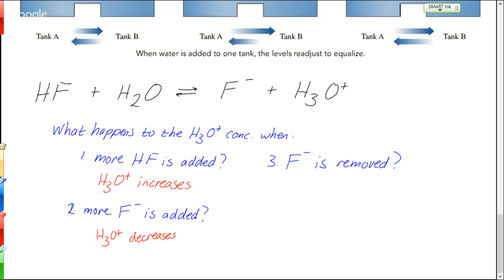How's that changing the system? Yeah, you remove the fluoride out, which means the system has to compensate by pushing more over to that side. And so if it's pushing more over to that side, that means it's going to make more of both products, the fluoride and the hydronium. So there's going to be more hydronium in that situation too.